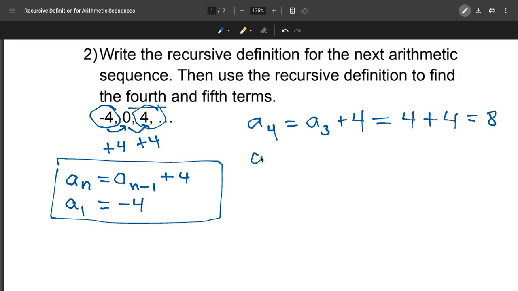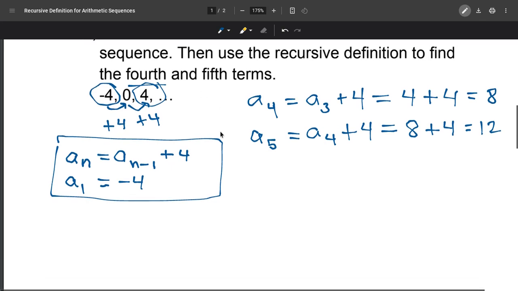Okay, a sub 5 equals the fourth term plus 4. So the fourth term is equal to 8, so 8 plus 4, that equals 12. All right, there we go for the second one.